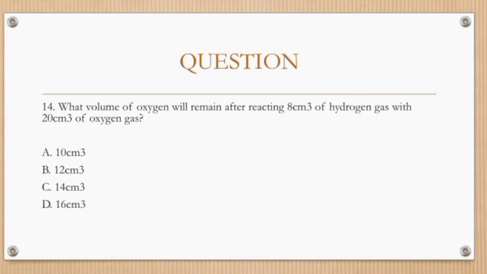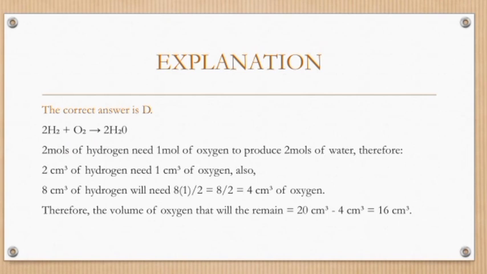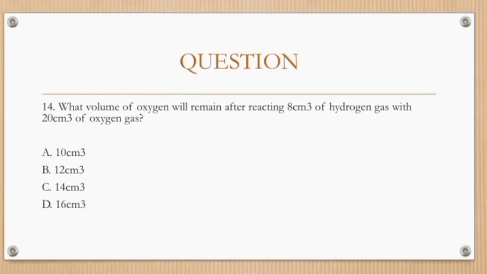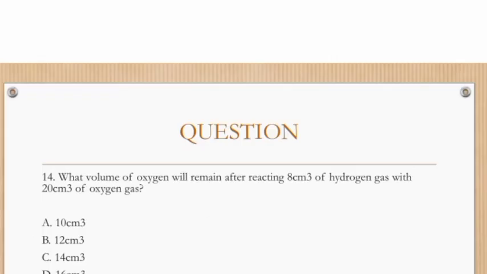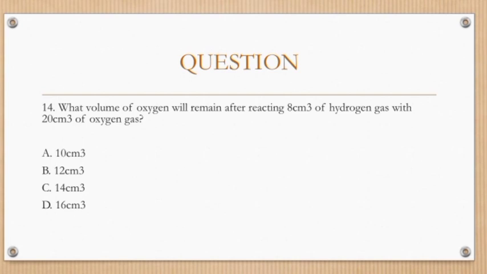So they said we remain. To calculate the volume that remains, you first have to calculate the volume of oxygen, then subtract this 20 centimeters from the answer you got. Let's move on to our whiteboard so you can see the solution better.